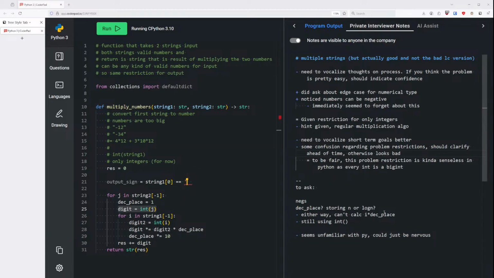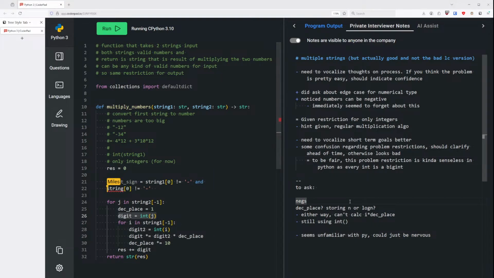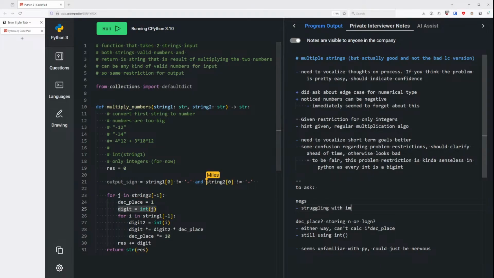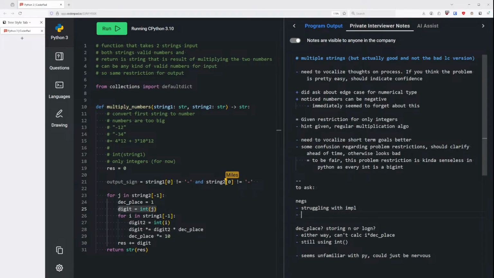So I guess the best way is just to say they don't equal negative and string 2 does not equal negative. Because we know if they both are, oh, I guess I have to do 2 checks.